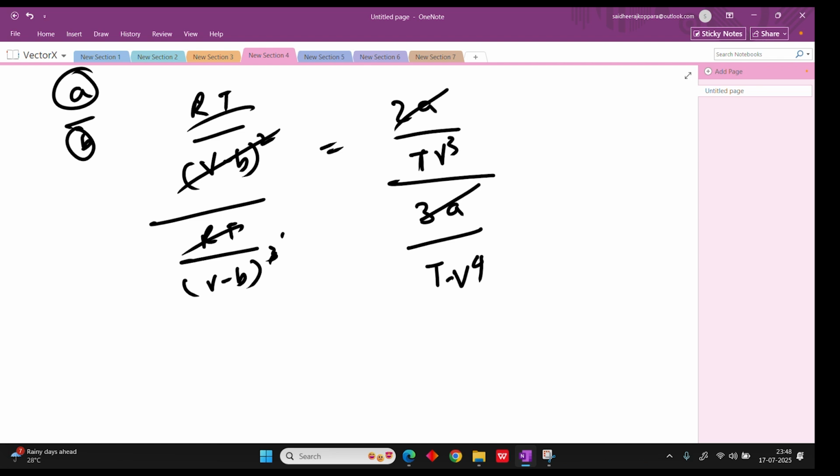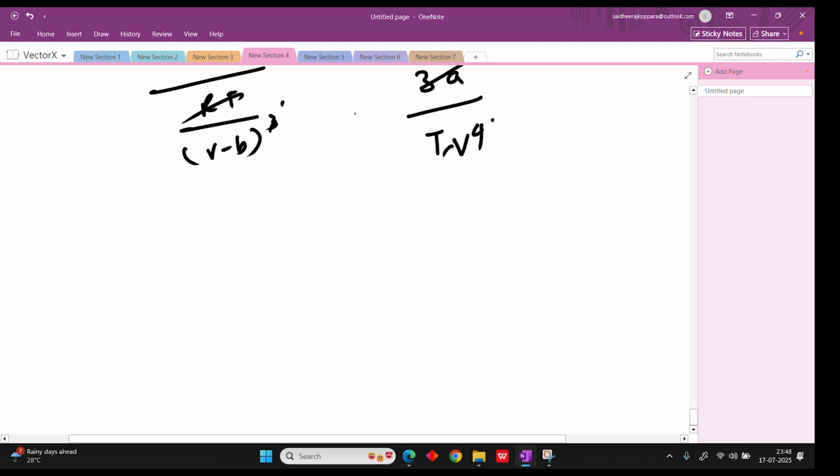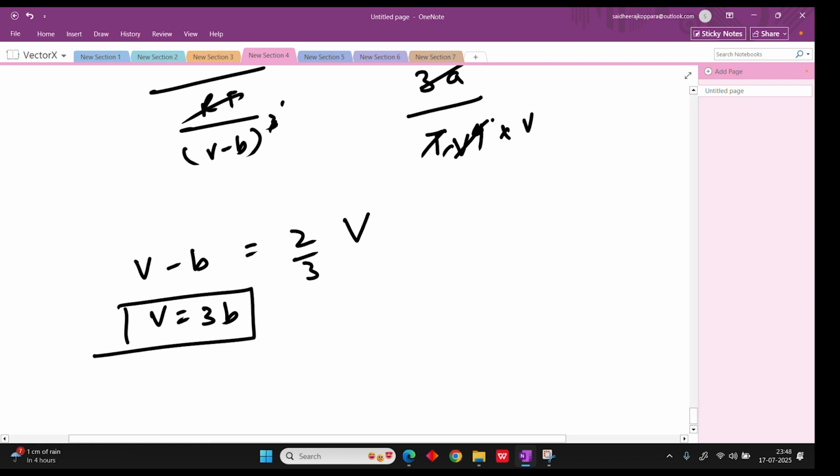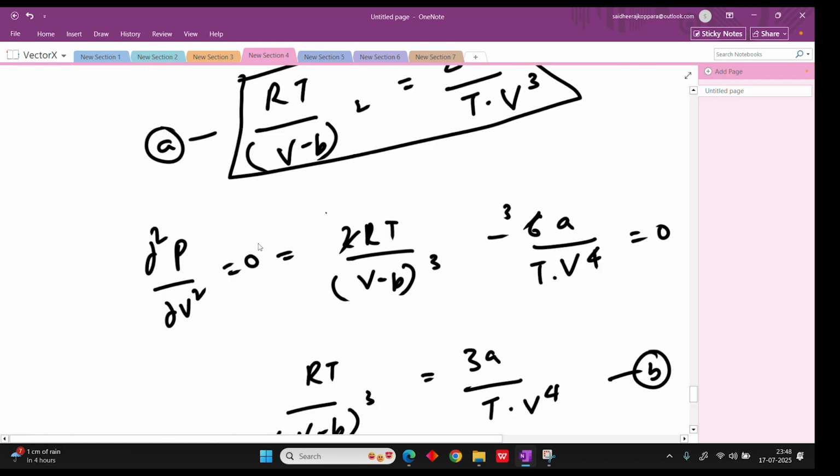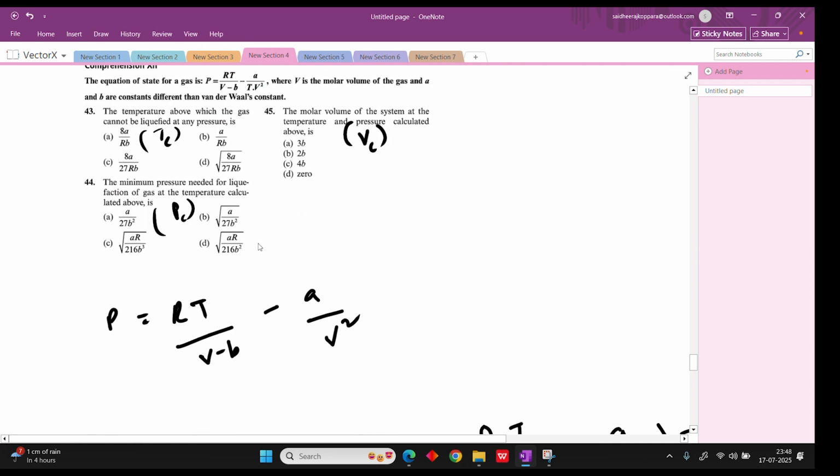A gets cancelled, T gets cancelled. Only here V and here only one V is there. Okay. So your overall equation is V minus B equals 2 by 3 V. So V is equal to 3B. This is what you are getting, right? So your VC is 3B.